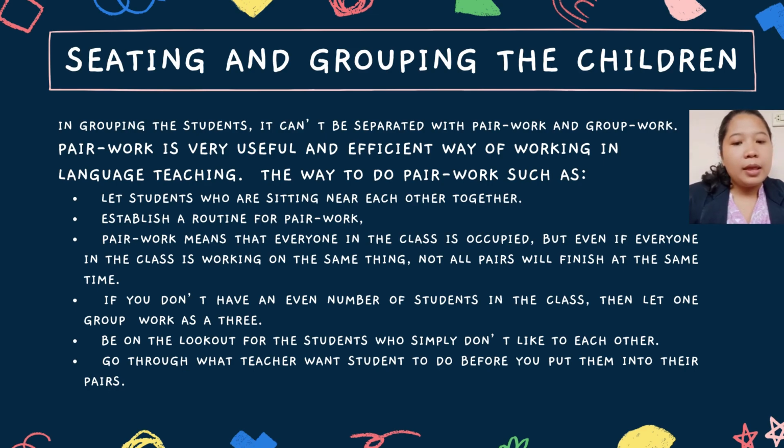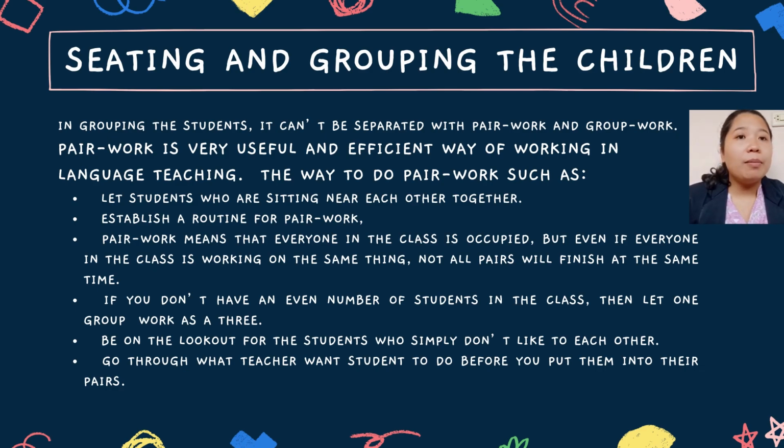And then the next one is, if you don't have an even number of students in the class, let one group work as a three. If you always put them in pairs, then you will not be able to help each other. And the next one is, be on the lookout for students who simply don't like to work with others. It is unlikely that they would work together.